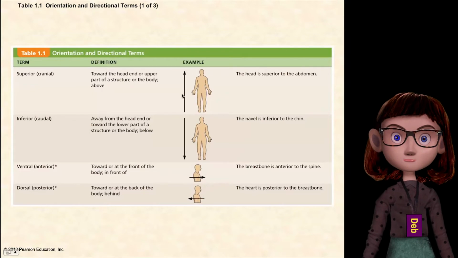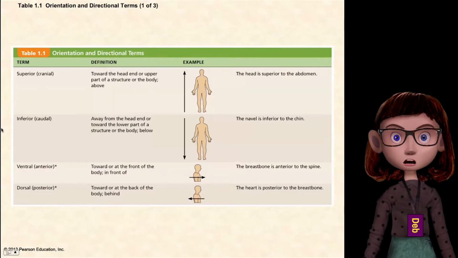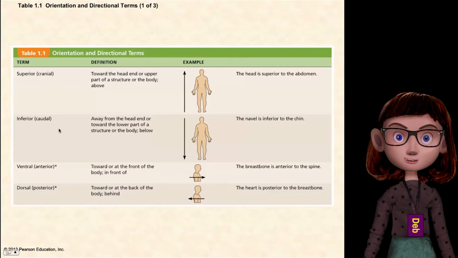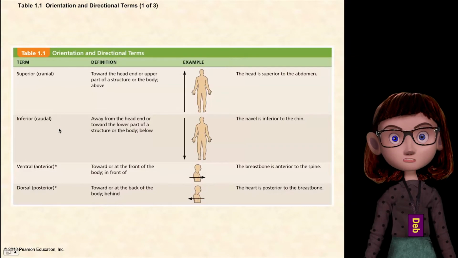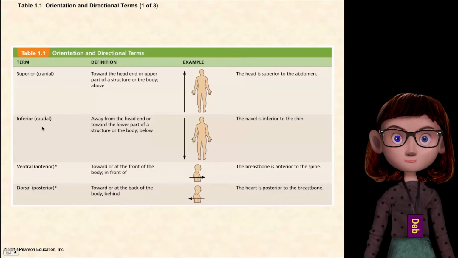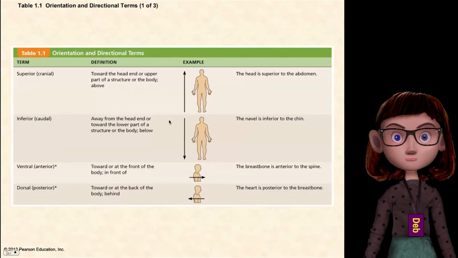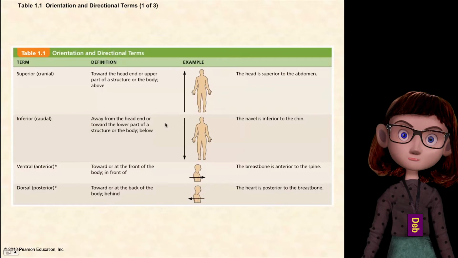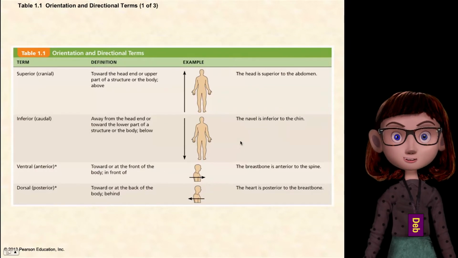There's your example. Inferior, and again with four-legged animals, we would prefer to use the word caudal because it's referring to the tail. Caudal means tail. So this is away from the head end or toward the lower part of the structure or the body or below. Example, the navel is inferior to the chin.